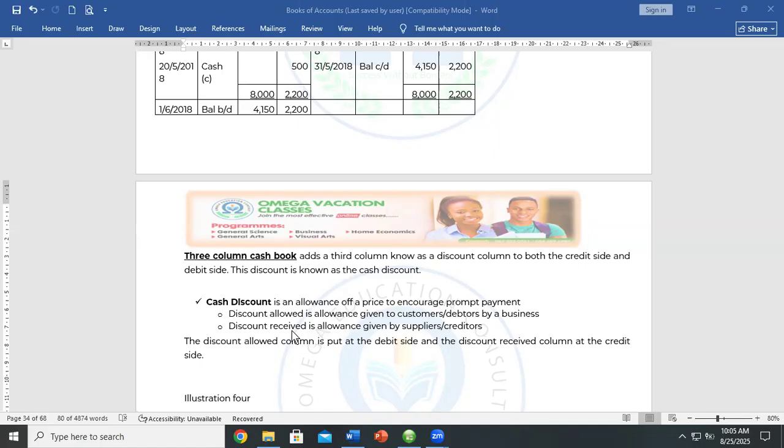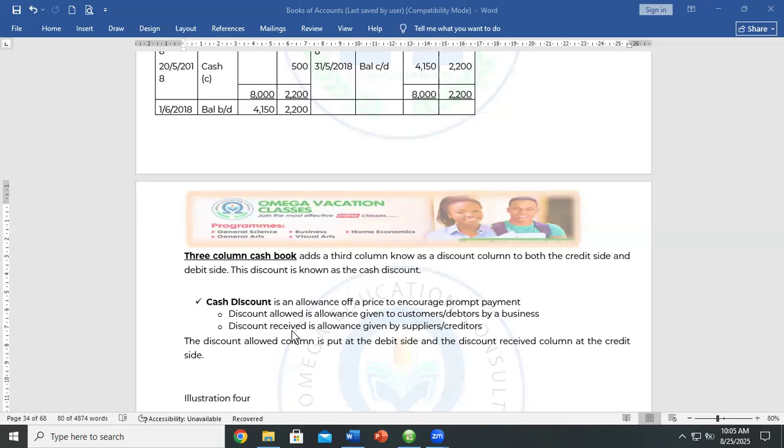As a matter of fact, the question will not ask you to prepare 3-column or 2-column or single column. But as you read the details of the transactions, you should be able to determine that, oh, for this transaction, I have to prepare the single column or the 2-column or the 3-column. And I think we have established those points here.